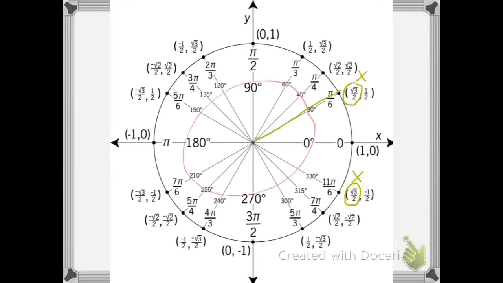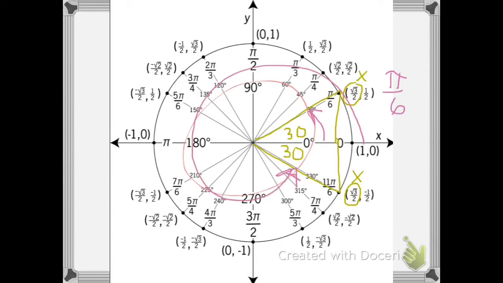So for the very positive solution, we have that one, which is 30 degrees. And then we have this guy here, which is also 30 degrees. So the reference angle is 30 degrees. However, the first solution is 30 degrees, which is pi over 6. Okay? And then you start over from 0 again, and you have to swing around the whole thing to get to this hypotenuse here.